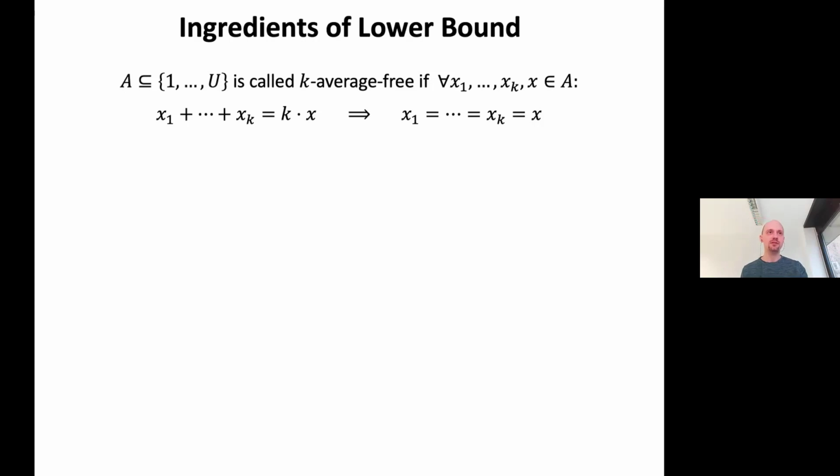You can interpret this as some kind of consistency check: you choose K items, and this enforces that all of them have to be the same.